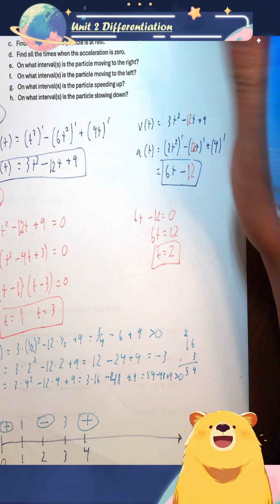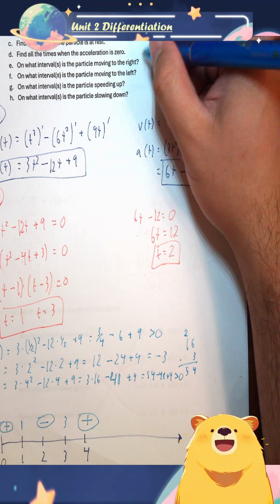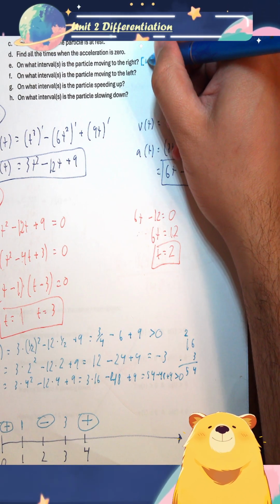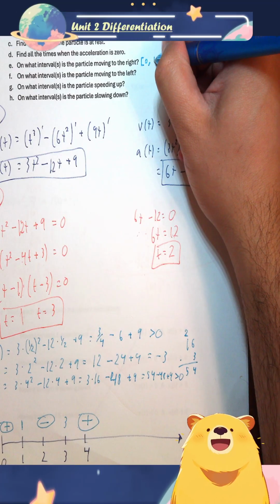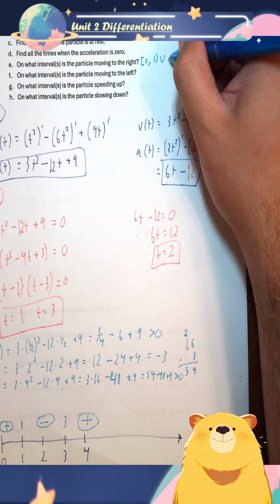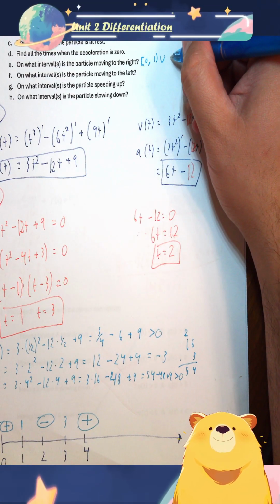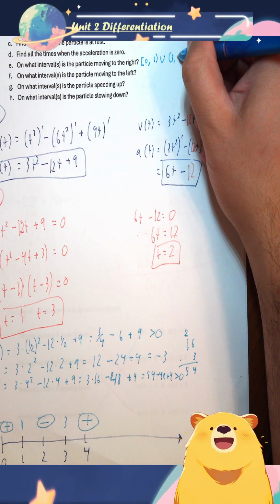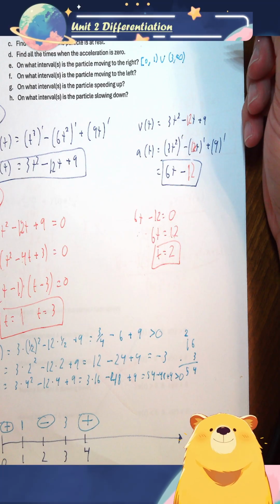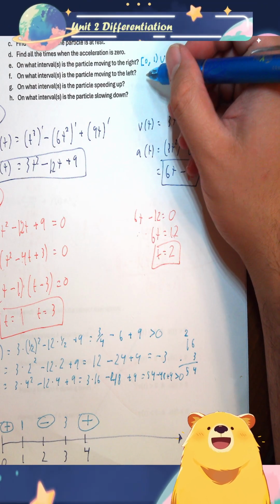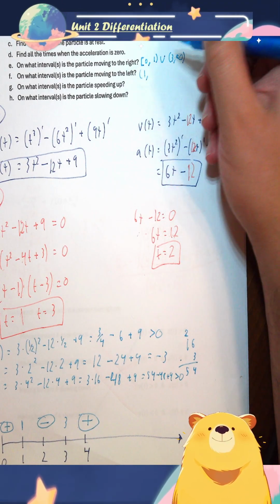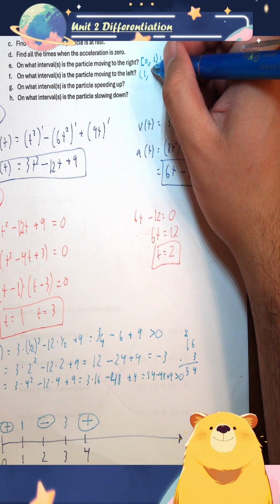The particle is moving to the right from 0 to 1, and then from 3 to infinity, and then the particle is moving to the left from 1 to 3.